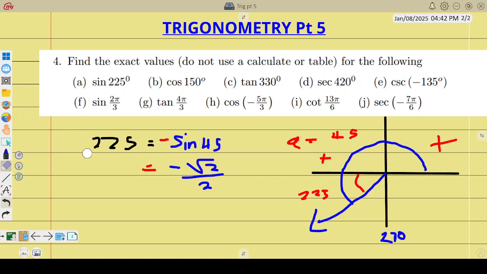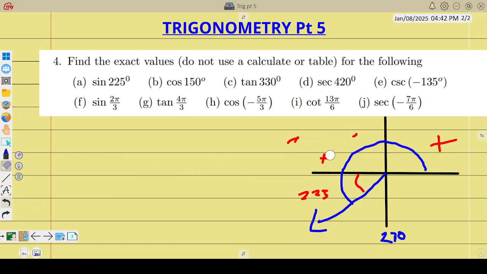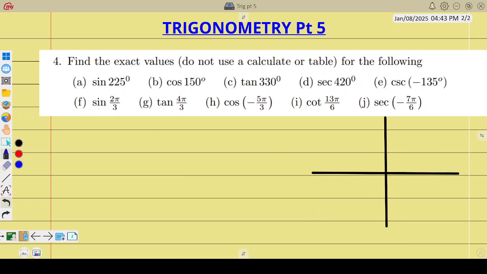From here, we're going to do cos 150. Let's do cos 150.